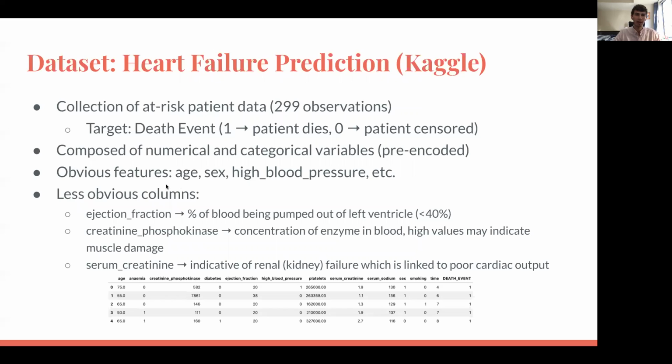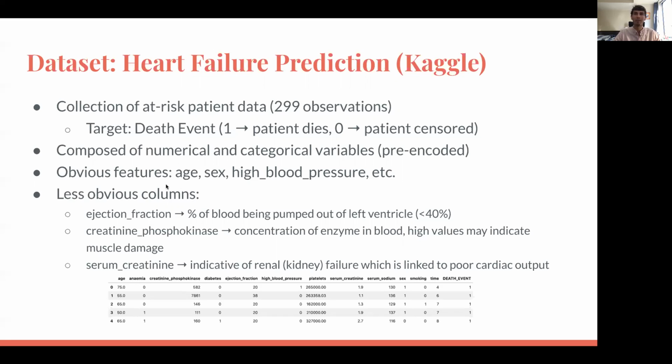So first, ejection fraction is the percentage of blood being pumped out of the left ventricle. As you can imagine, if your heart is having difficulties getting enough blood out, that's basically the definition of heart failure. So I really expect ejection fraction to be a significant predictor in this case. Additionally, creatinine phosphokinase is an enzyme found in the blood, which is indicative of muscle damage.